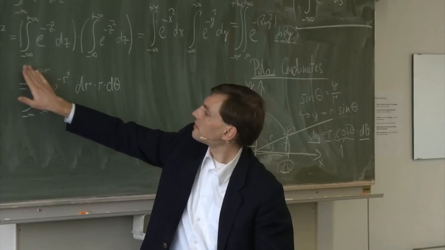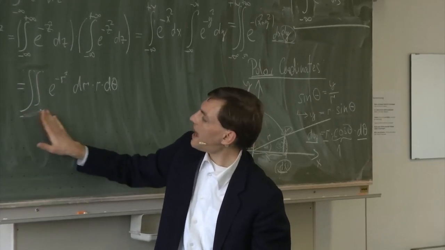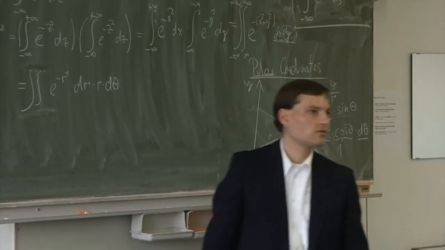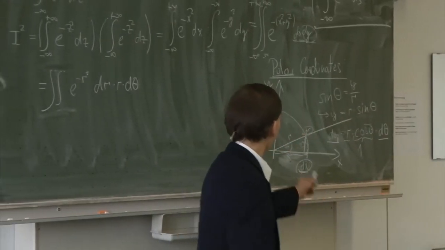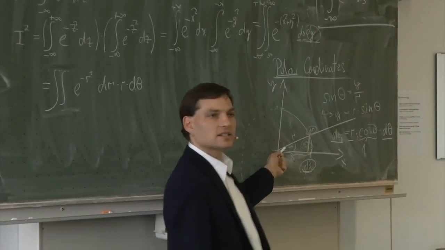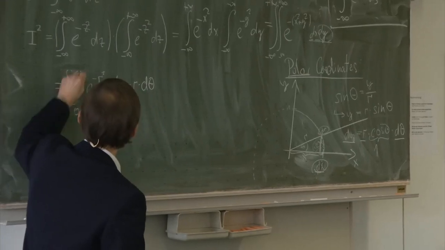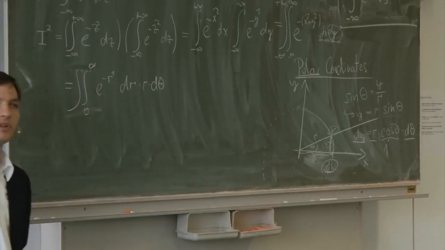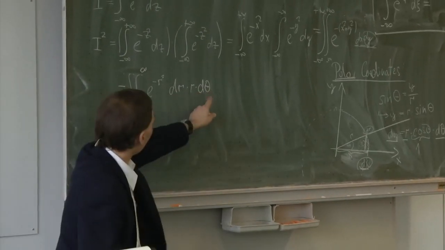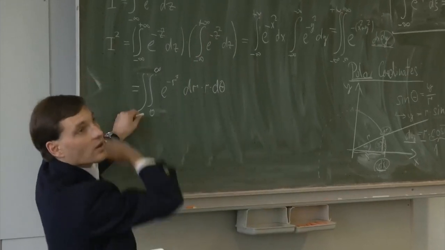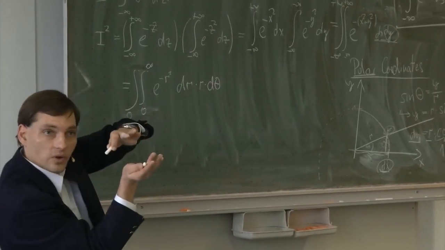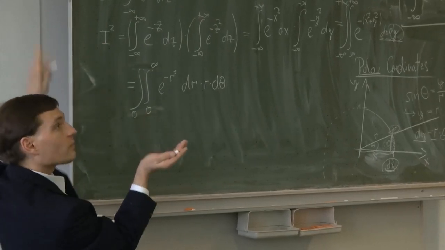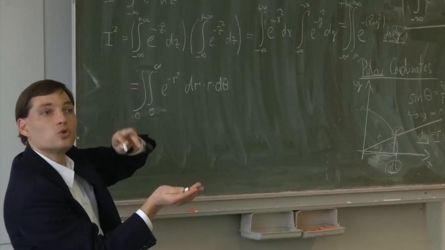Well, the integration is then not from minus infinity to infinity. Why? Because my radius starts here at 0 and can go to infinity. And my theta integration, because it can go once around a circle, starts also at 0, and when it goes once, 360 degrees, that is 2 pi.